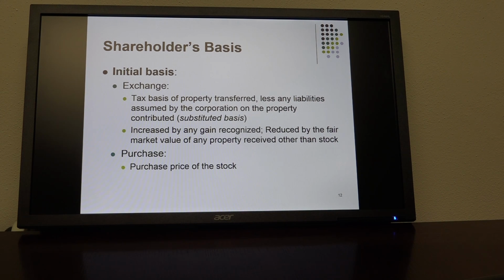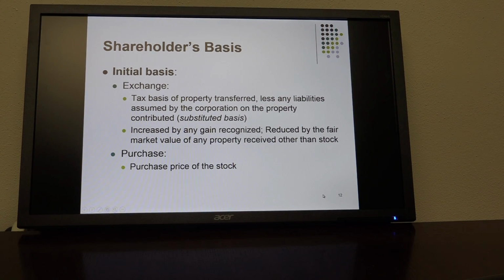You've got your tax basis in the property that you transfer. Any liabilities assumed by the corporation reduce that basis. If you recognize a gain because of boot received, you increase the initial basis by that amount of gain, and then you reduce basis by the fair market value of any property received other than stock, the boot property received. So that's all that's saying.